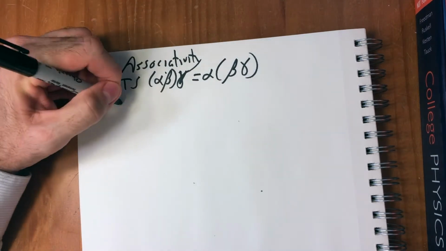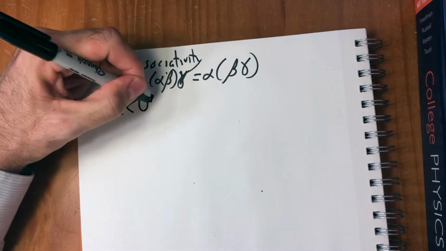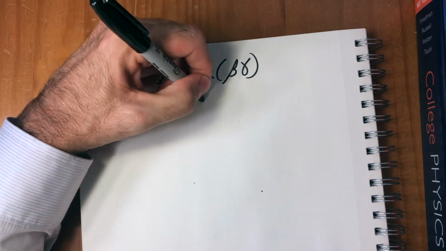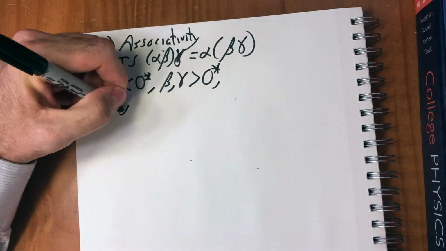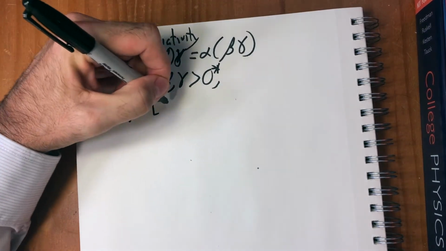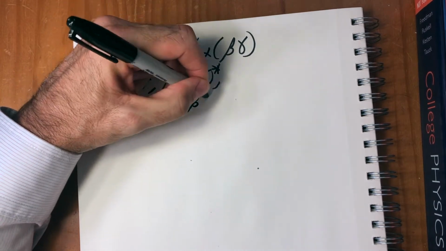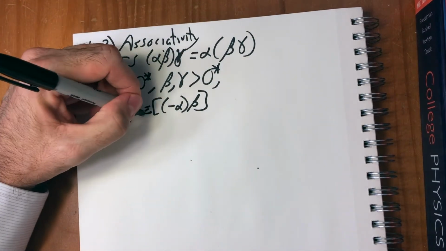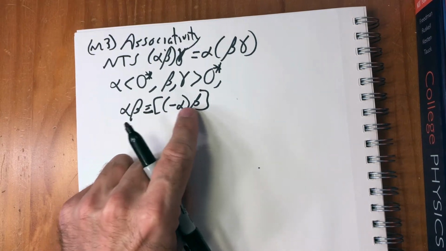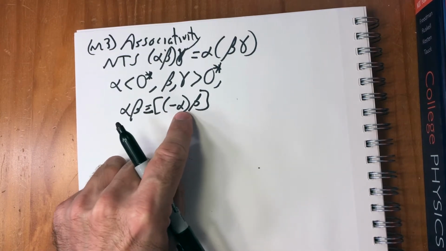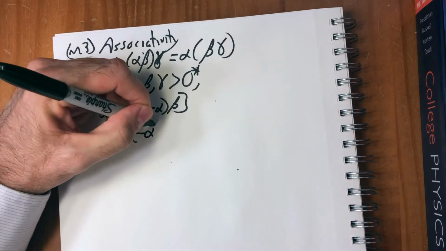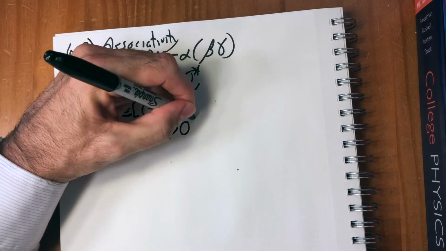So if alpha is less than 0 and beta gamma is greater than 0, so alpha beta equals, once again, minus alpha times beta. But we know, since these are both positive, that this whole thing is positive. So minus alpha times beta is greater than 0.